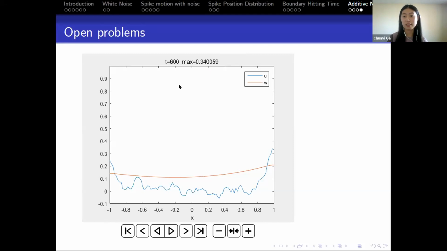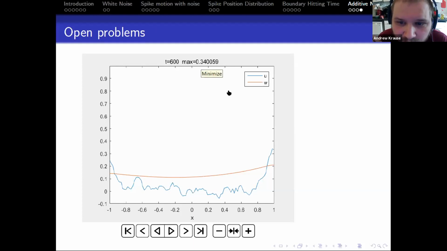It's still just the height, so the height is oscillating. Did you include the additive noise in the inhibitor equation? Yes, we did that simulation, but we still don't see much difference for the motion.